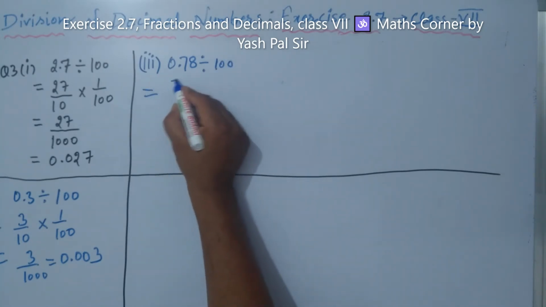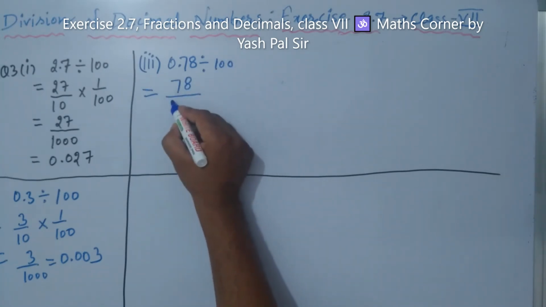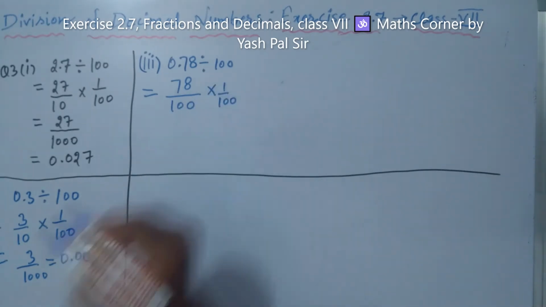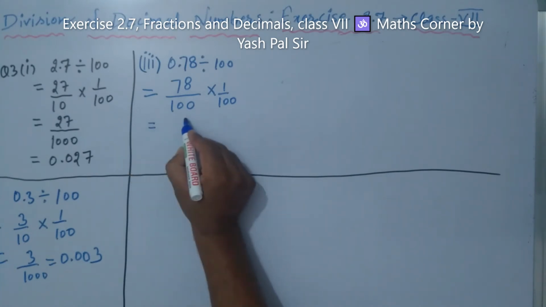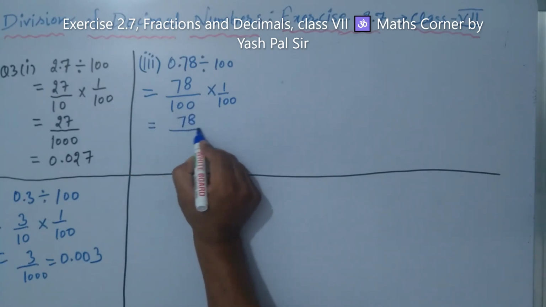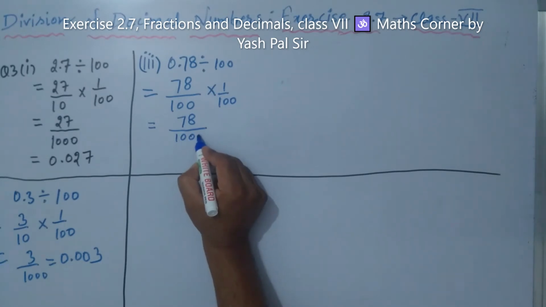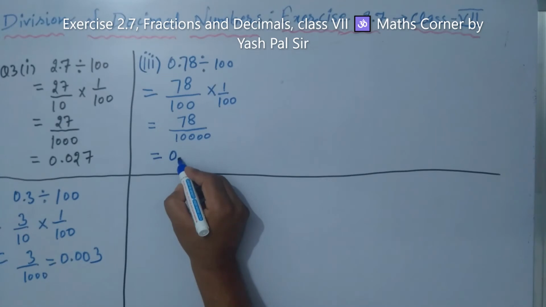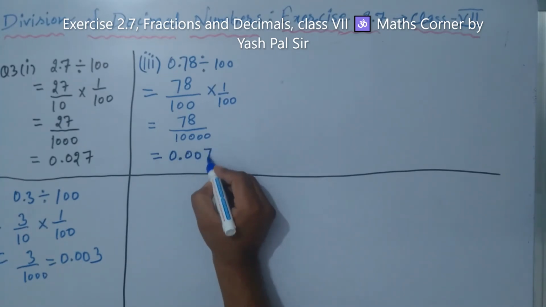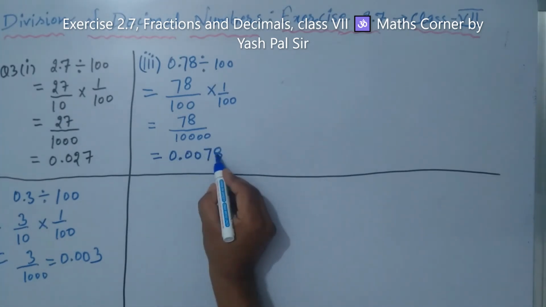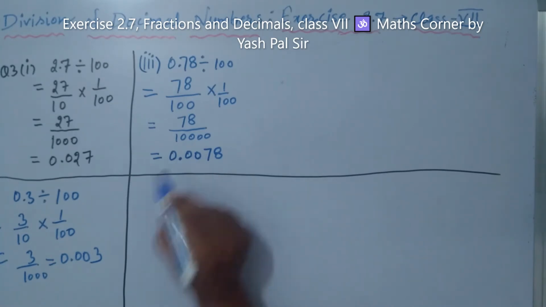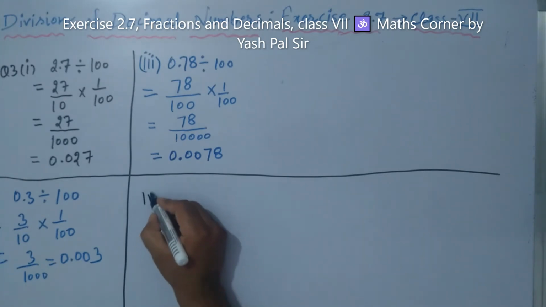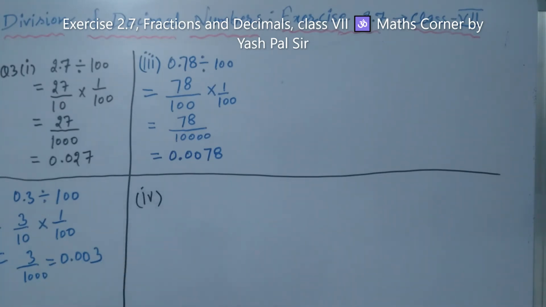This means 78 divide 100 into 1 upon 100, meaning 78 divide 10,000, which means 0.0078. After 4 digits we have to put the decimal. Now coming to the fourth part of the question. What is this?